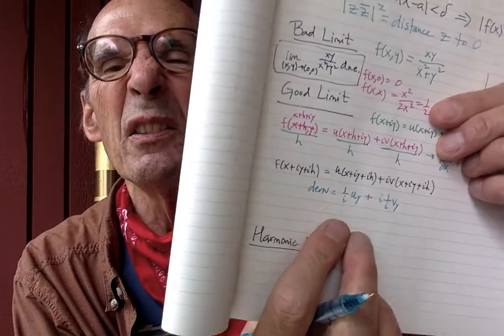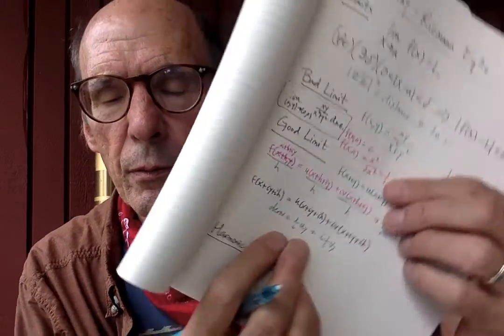And so what you end up is that the derivative is equal to 1 over i times the partial of u with respect to y plus i times 1 over i times the partial of v with respect to y, because you've got ih, not h.